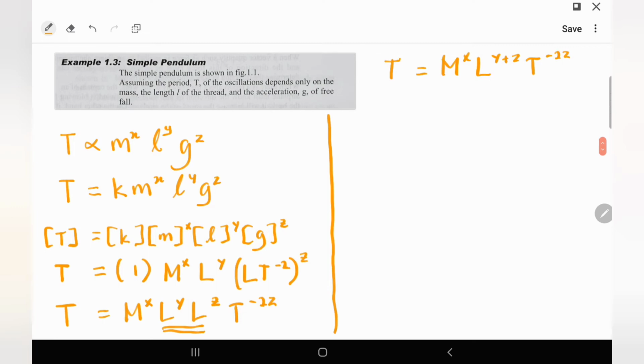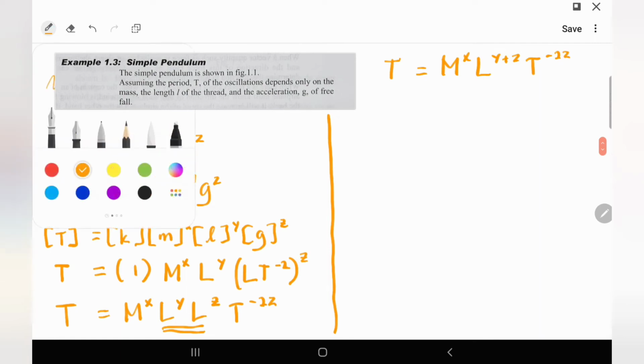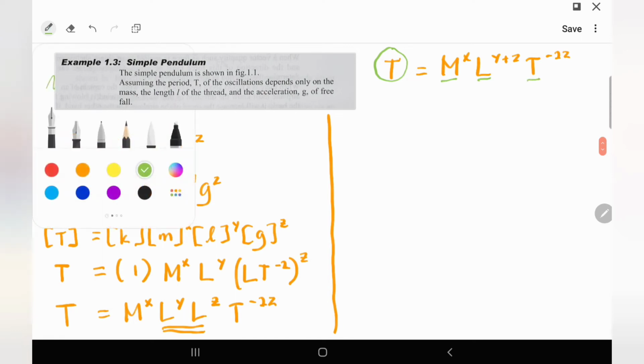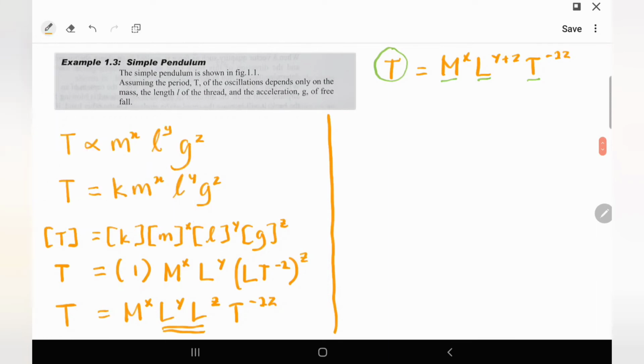Just T only. At the left hand side here, what do we have? Just T only. But at the right hand side, we have three different items now, which is M, L, and T. So in this case, at the left hand side, we still have L and M actually.